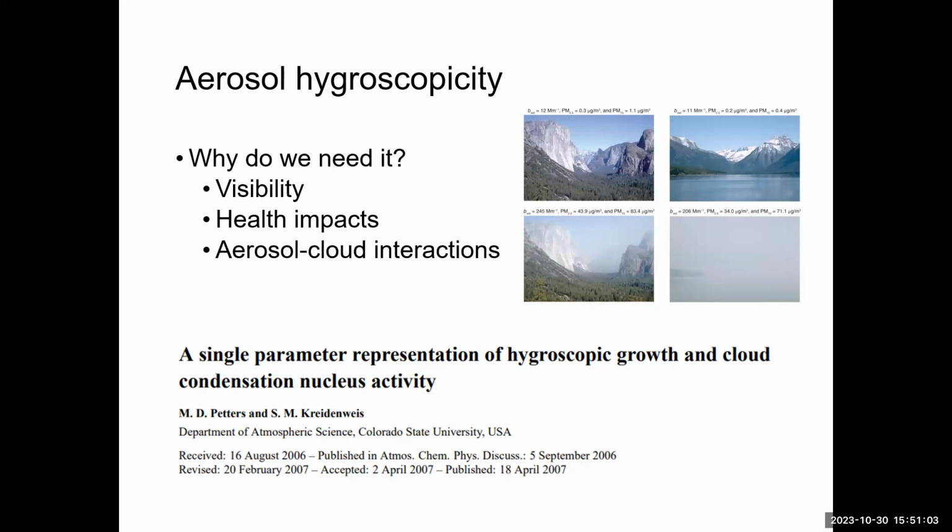The climate model mainly covers the land surface and the ocean surface. We need to consider temperature, wind speed, wind direction, all of those parameters, so we don't want to overcomplicate the aerosol model. By reducing the aerosol-cloud interaction into this one single parameter model, that is the hygroscopicity, or what people call the kappa value, it really simplifies the computation need for these climate models.